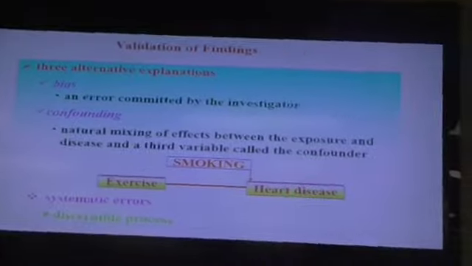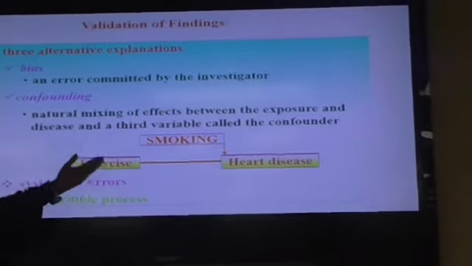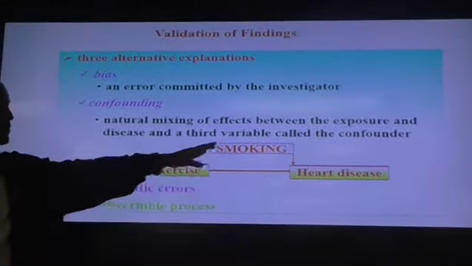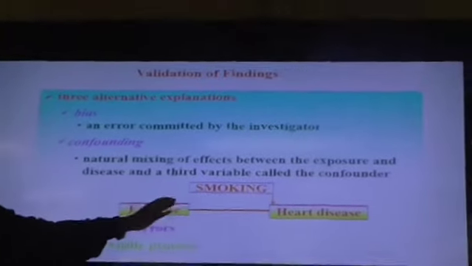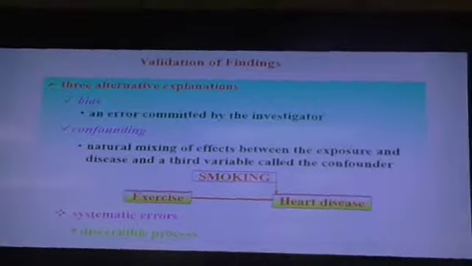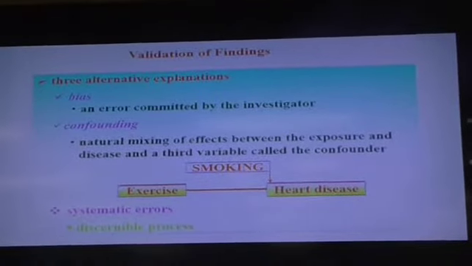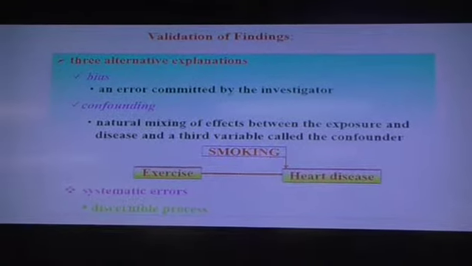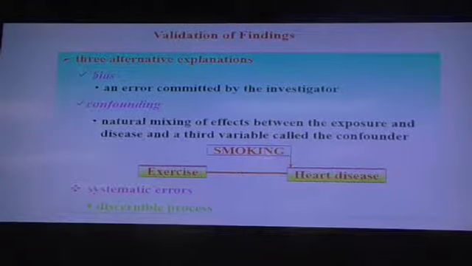We are not looking at it, but we are looking at whether exercise, or a lack of exercise, affected disease. But if the majority of people who do not exercise smoke compared to those who exercise, or if the majority of people who exercise smoke compared to those who do not exercise, then the study is confounded.